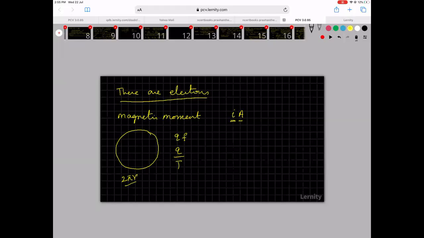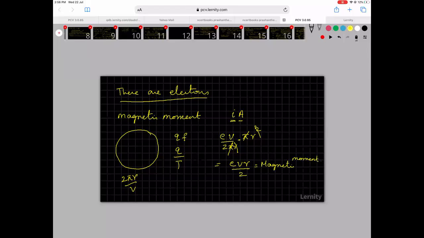2 pi R by V. So F will become V by 2 pi R. So the magnetic moment will become E V by 2 pi R into area. Area is what? Pi R squared. So this and this will get cancelled, this and this will get cancelled, and I will get EVR by 2. EVR by 2 is the magnetic moment.